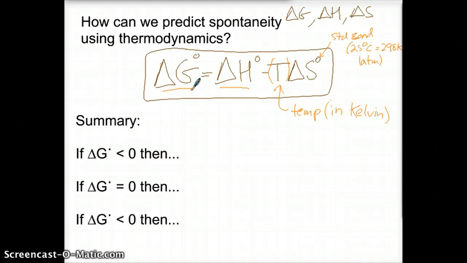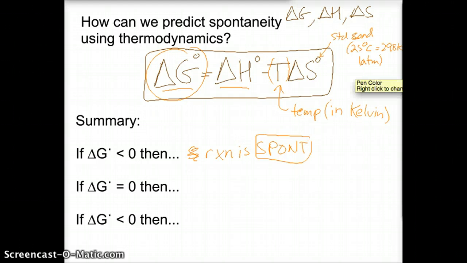So, how do we use this? If you do a calculation and determine that delta G naught is less than 0, the reaction is spontaneous. So if delta G is negative, it's spontaneous.